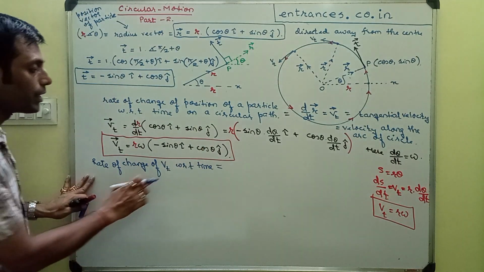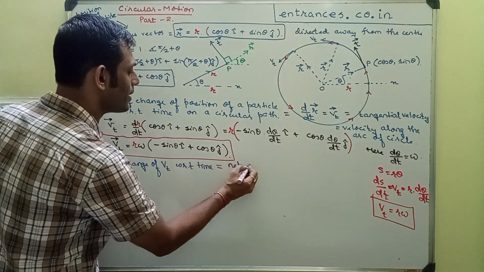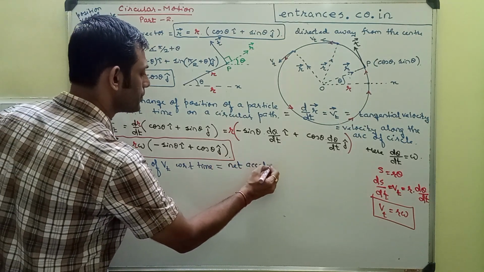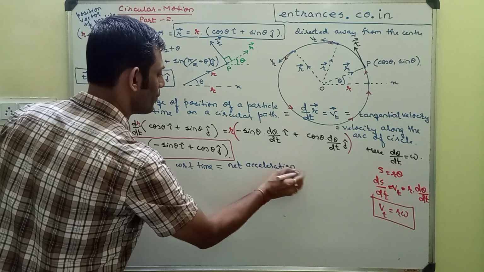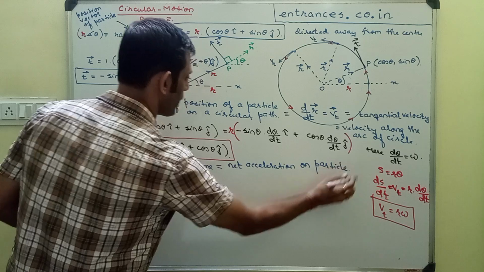Rate of change of Vt with respect to time, therefore, I will define simply as the net acceleration on the particle. Let's define it like this.